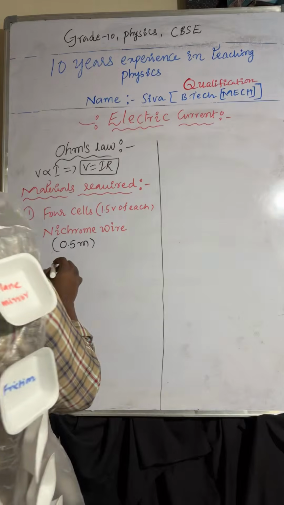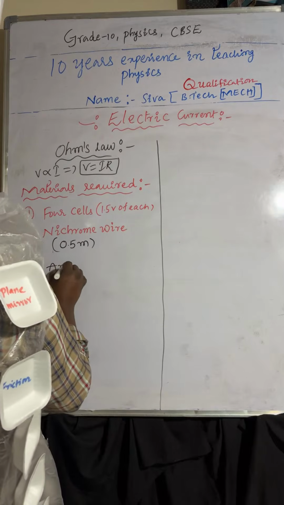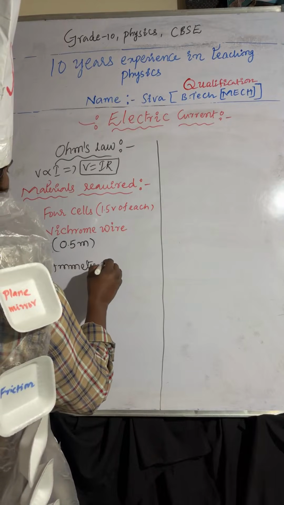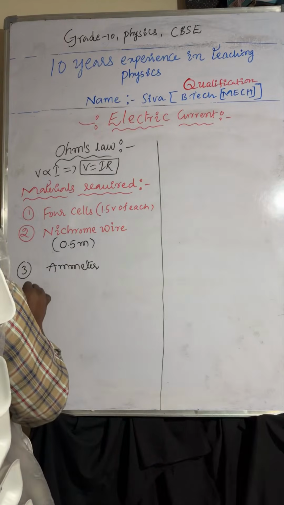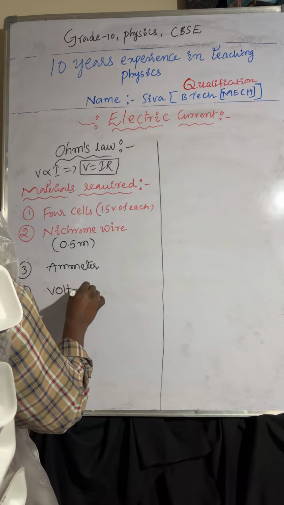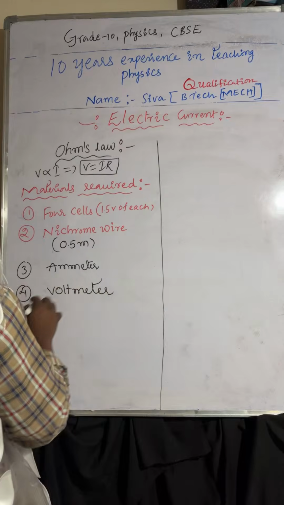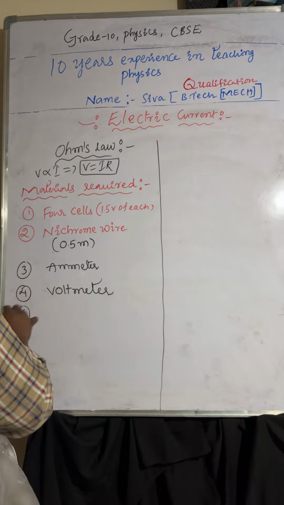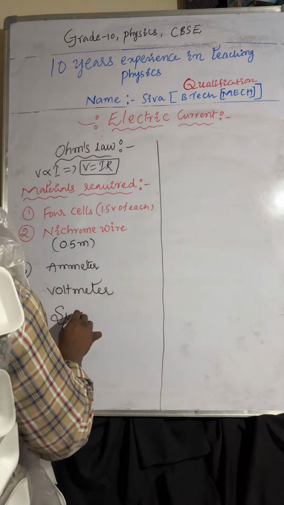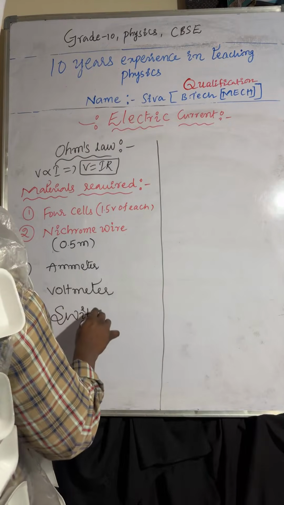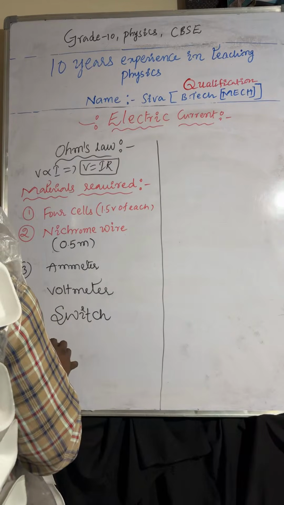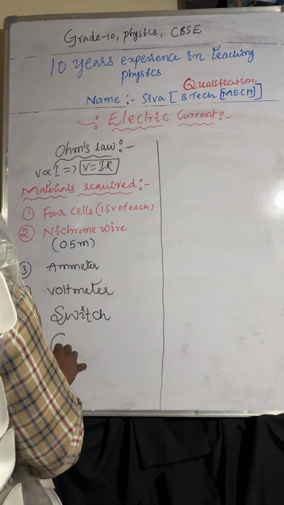Next, an ammeter, then a voltmeter, then a switch, and the sixth one, connecting wires.